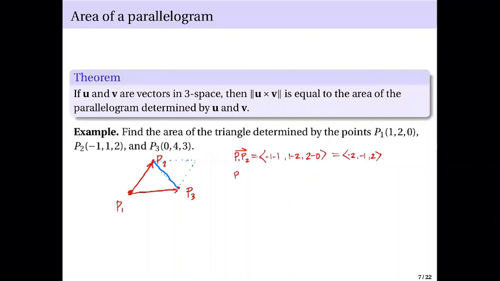And then you have now P1, P3. This is your P3, so you have 0 minus 1, 4 minus 2, 3 minus 0.